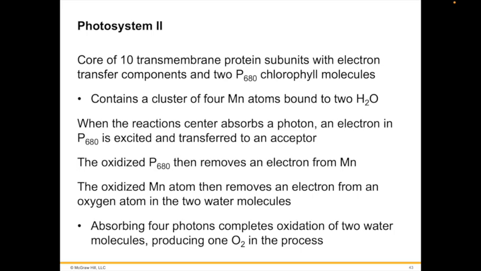Although the chemical details of oxidation of water are not entirely clear, the outline is emerging. 4 manganese atoms are bound in a cluster to reaction center proteins. 2 water molecules are then bound to this cluster of manganese atoms. When the reaction center of photosystem 2 absorbs a photon, an electron in a P680 chlorophyll molecule is excited, which transfers this electron to an electron acceptor.